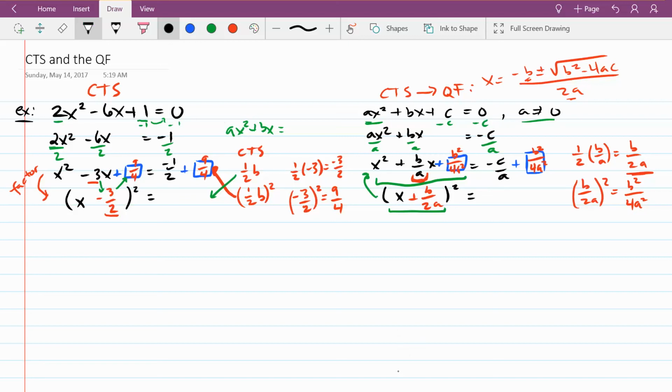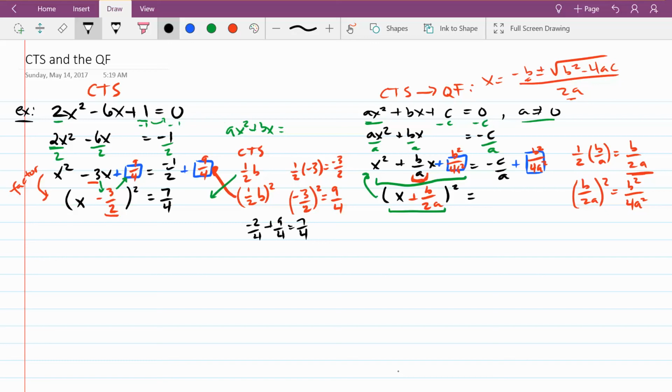Combining this right side, I have negative 1/2 and 9/4. So negative 1/2 would be negative 2/4, and add 9/4 to that is 7/4. So 7/4. Over here, negative c over a, I need an LCD which would be 4a squared.